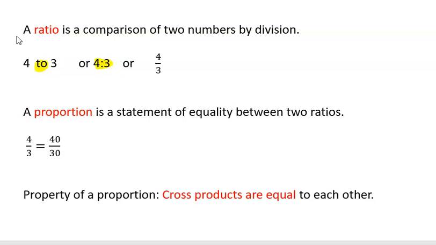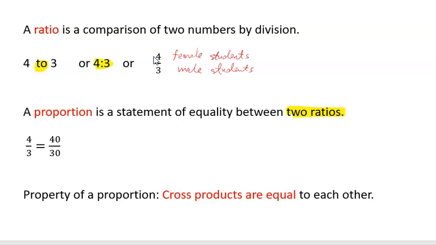So all of these are the same. And a proportion is a statement of equality between two ratios. If we know what a ratio is, for example, the ratio of the number of female students in the class to the number of male students in the class is 4 to 3, that's a ratio.